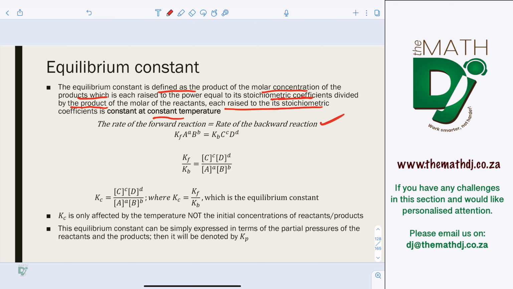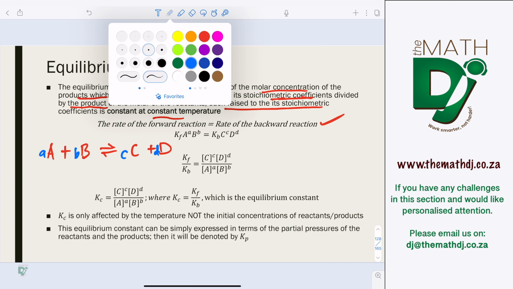So here, basically what we are saying, let's say we have A plus B to form C and D. Let me do it like this so that it will be clear. So here we are saying the coefficients are like that.